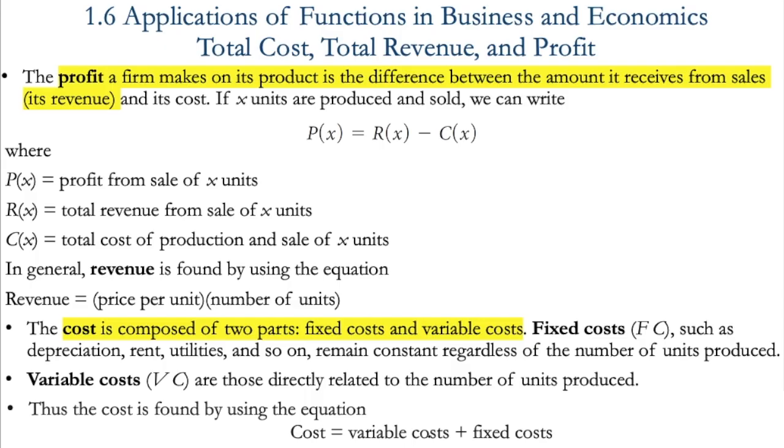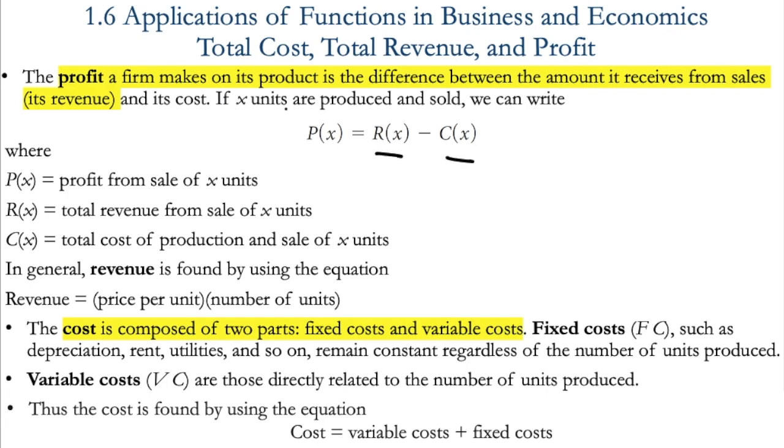Now, let's look at the applications of functions in business and economics. The first thing is to look at total cost, total revenue, and also profit. You have learned in principles of microeconomics that profit is the difference between what and what? Between revenue and cost.